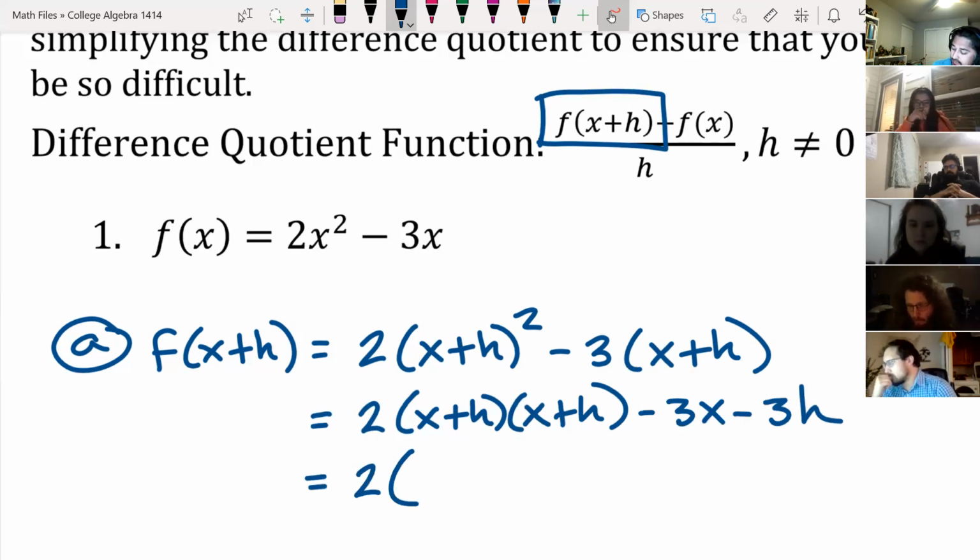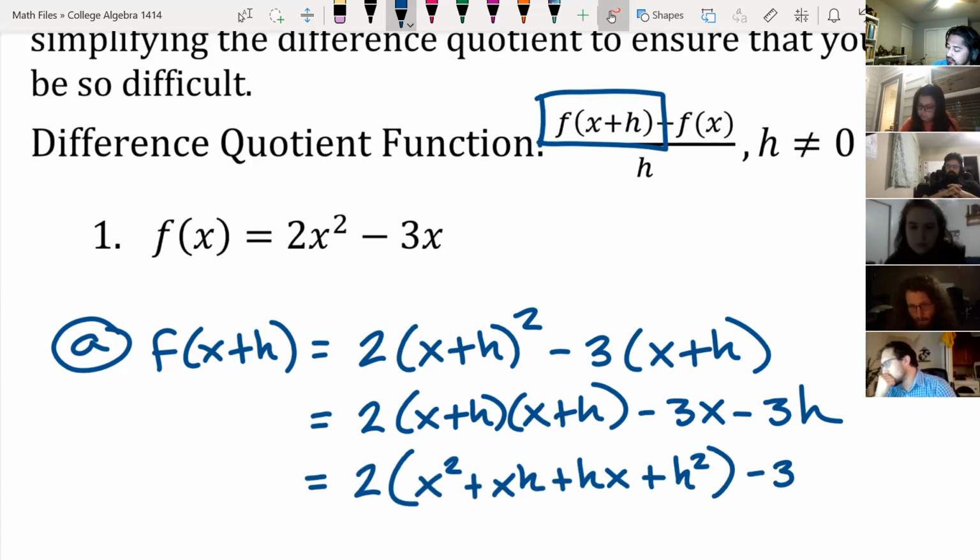So when I FOIL this, I'll get x squared plus xh plus hx plus h squared minus 3x minus 3h.